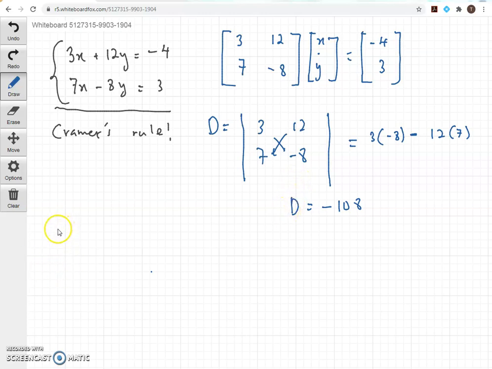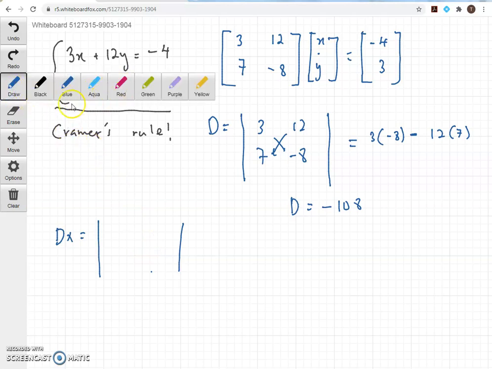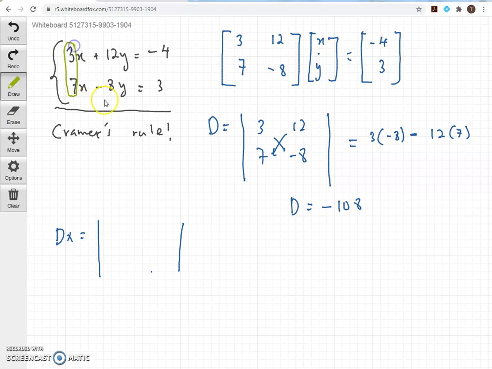Now let's see Dx. What values do you need to put inside the determinant? The coefficients of x are 3 and 7, so you cannot write 3 and 7 in that column.